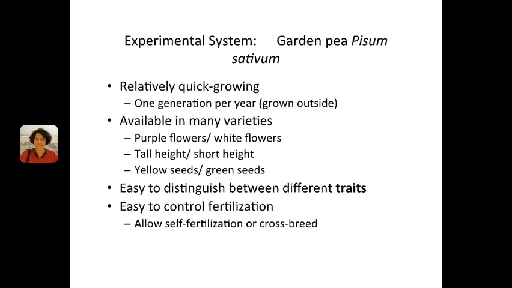And it was easy to distinguish physically between these different traits. In other words, the tall plant would be much taller than the short plant. There wouldn't be any intermediate heights. The flower color was either purple or white, and so forth. So you could tell the differences between the traits within a variety very well.